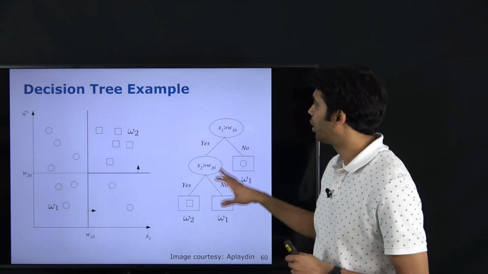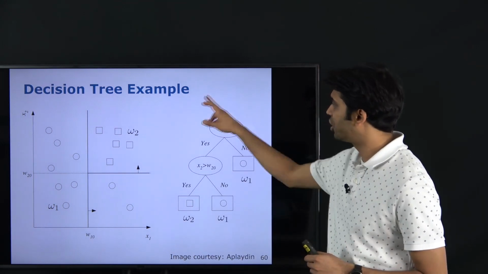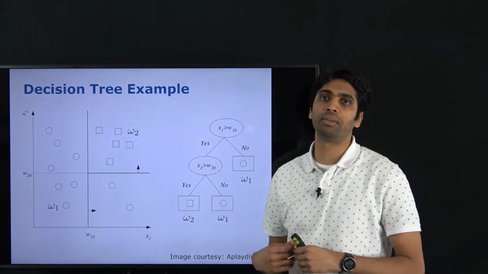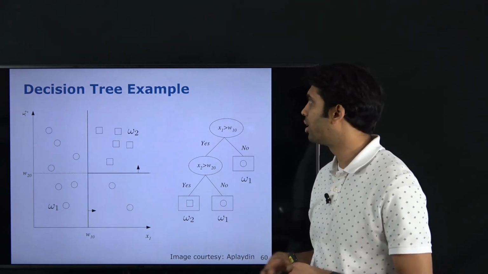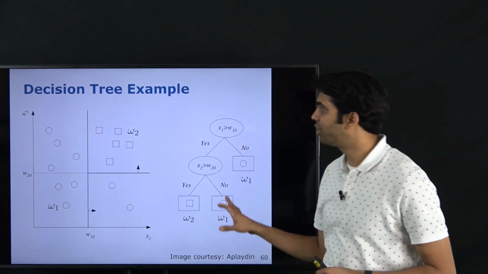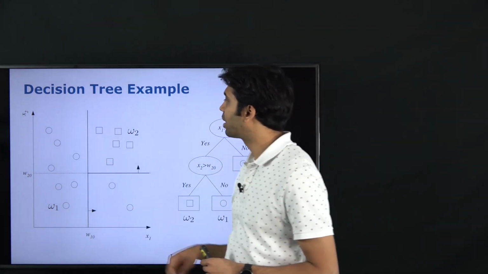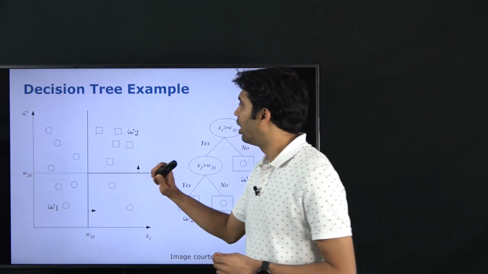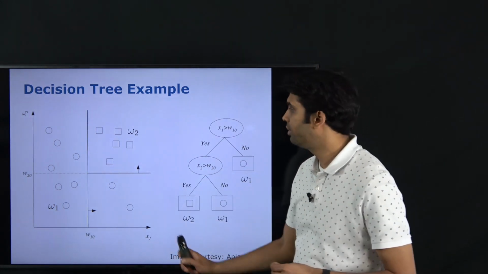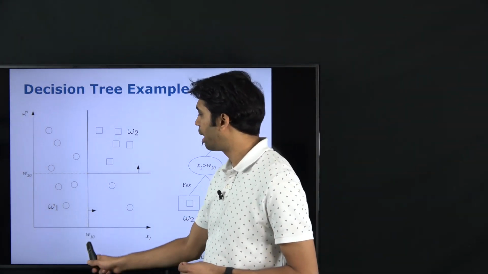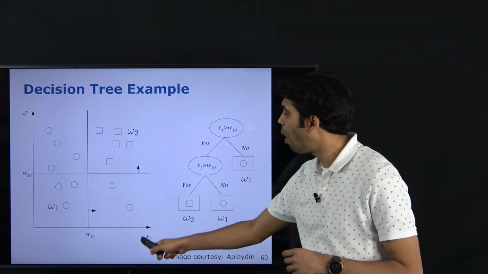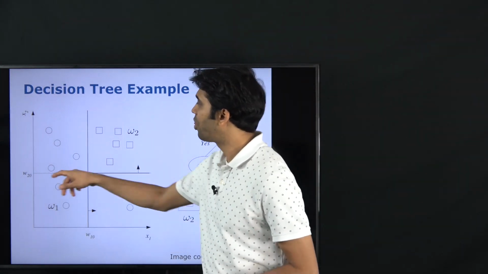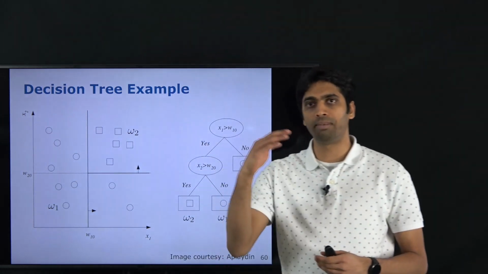And then what we want to come out with is basically this kind of tree here, which would let us figure out whether a new example would actually be a square or a circle. And this is essentially the training part of this step, where the examples here correspond to some training set, where we say that, okay, all the squares are those points which lie to the right of W10, which is some kind of a threshold on my x1 parameter, and above the W20 threshold on the x2 dimension.